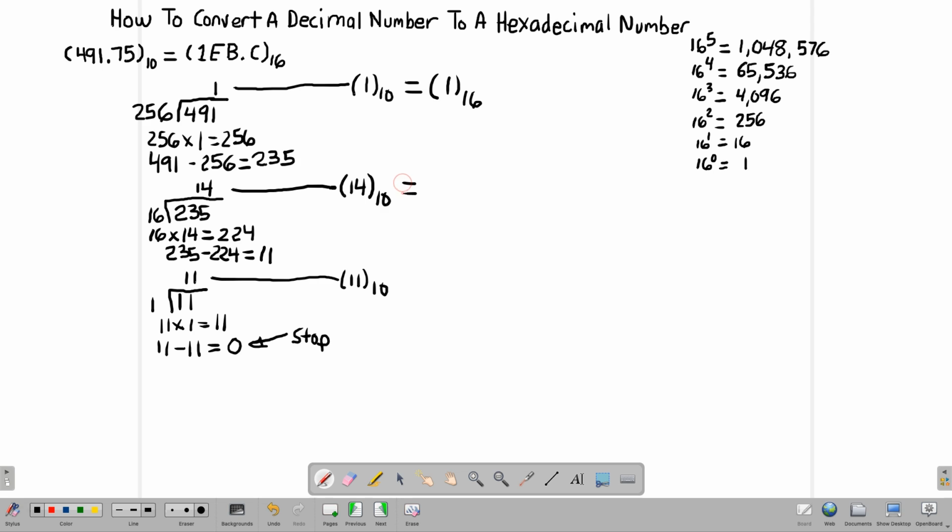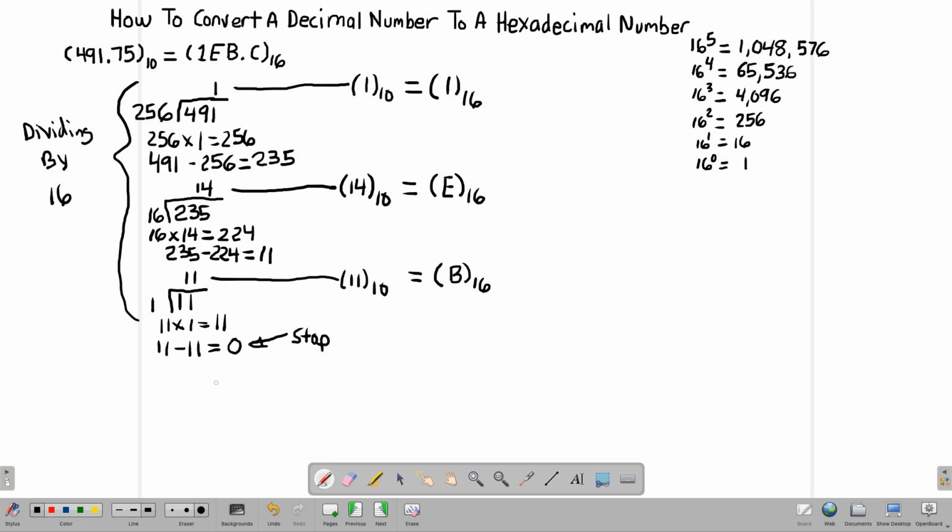So we take 14 in decimal, and its value in hexadecimal is the letter E. We convert 11 to hexadecimal, its value is B. And what this shows right here is we perform the integer portion by dividing by 16.